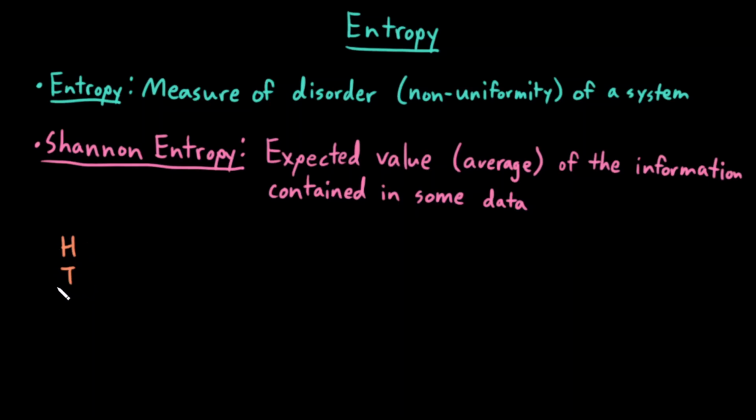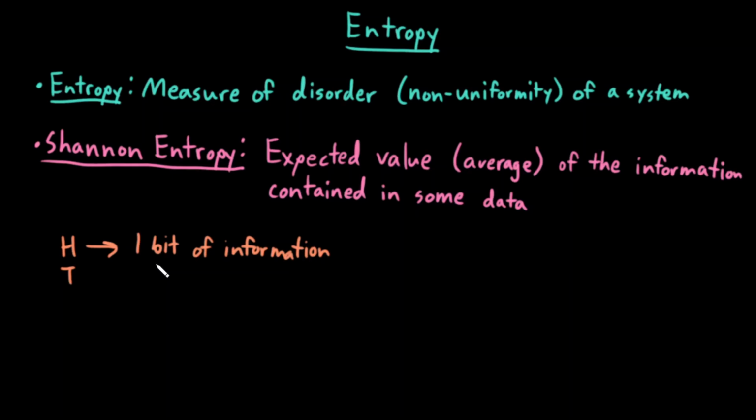So if it only has two possibilities, this gives me 1 bit of information. The single flip of a fair coin would only give me 1 bit of information. There's two possible scenarios, and I now know which of those two scenarios I got. That's 1 bit of information to represent.